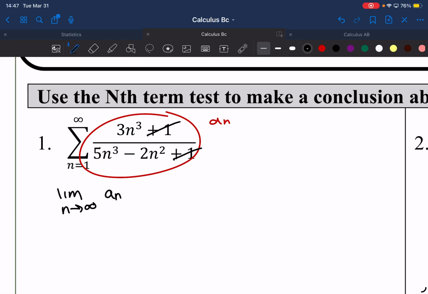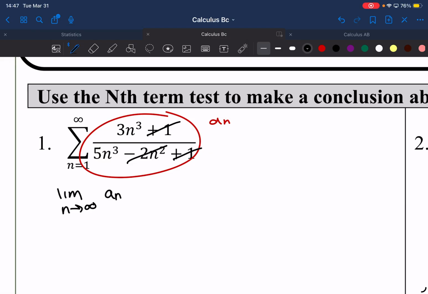Really I have 3n cubed over 5n cubed minus 2n squared. If I already have the 5n cubed on the bottom approaching infinity, is that minus 2n squared really going to do anything? No. So now I end up with just 3n cubed over 5n cubed.